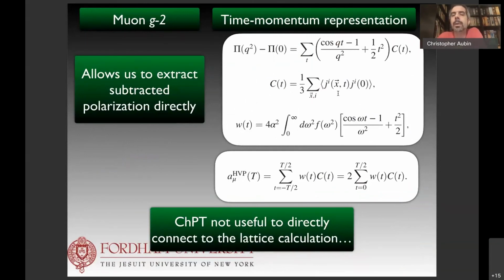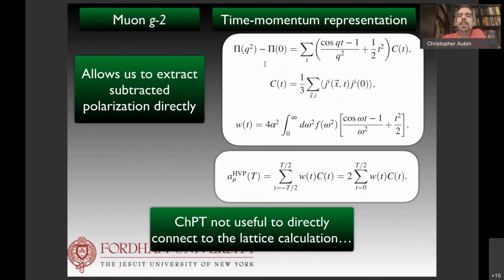It's the correlator among these electromagnetic currents. Again, you can look up the expression for these. This gives me a function over time. And if I multiply by this particular expression here in parentheses, you can show that after summing over all time, this directly gives us the subtracted vacuum polarization.